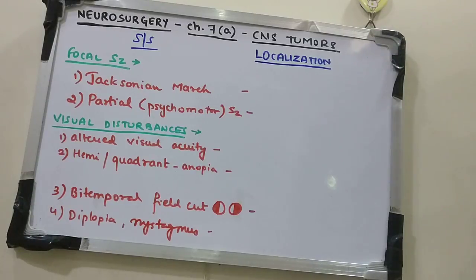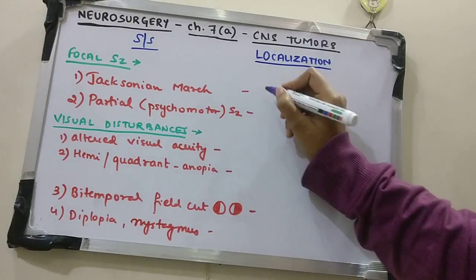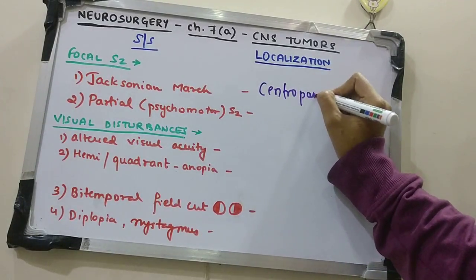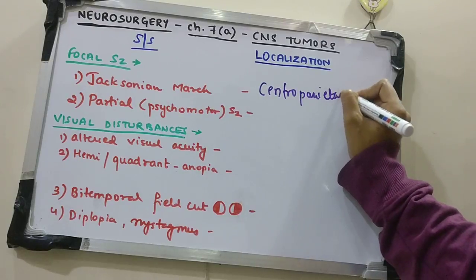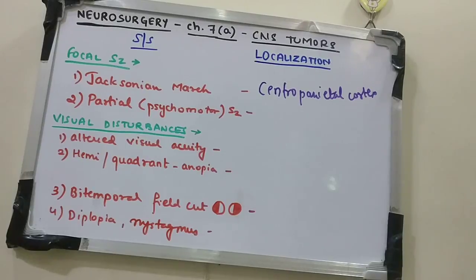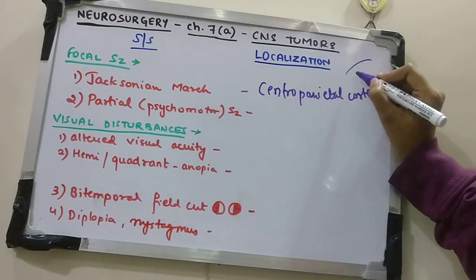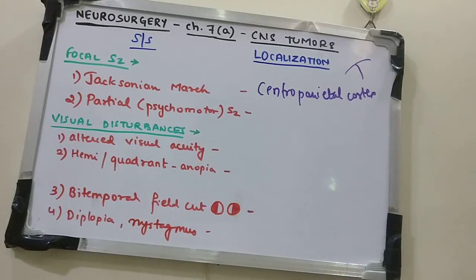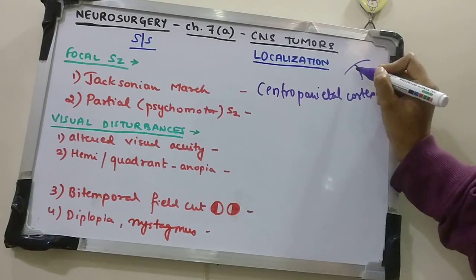Okay, the answer is it is centroparietal cortex. I have already told you that in your brain you have got your primary motor, premotor and your sensory cortex.